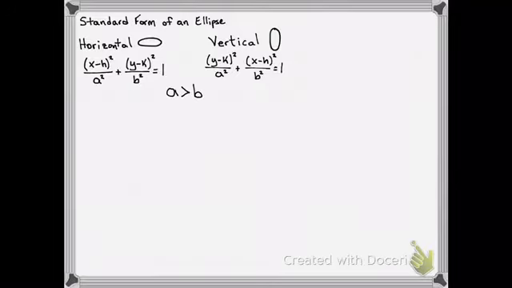Some other information on what A and what B are. A is half the length of the major axis.